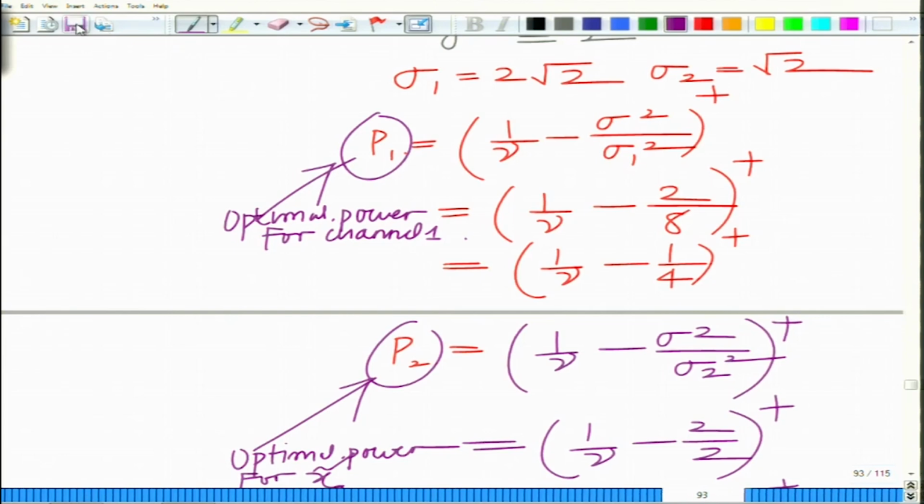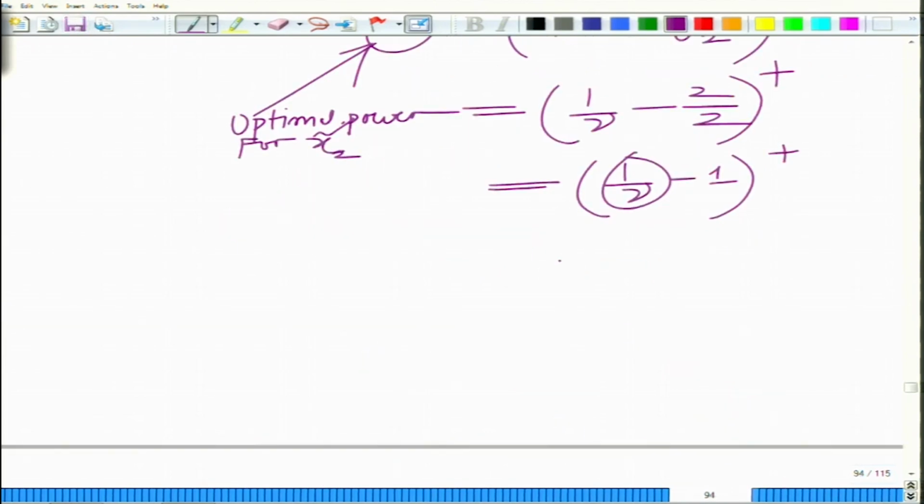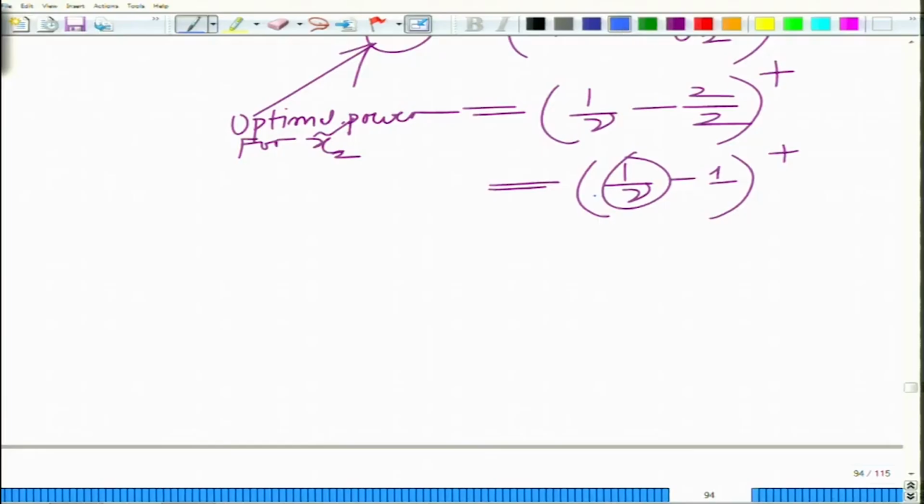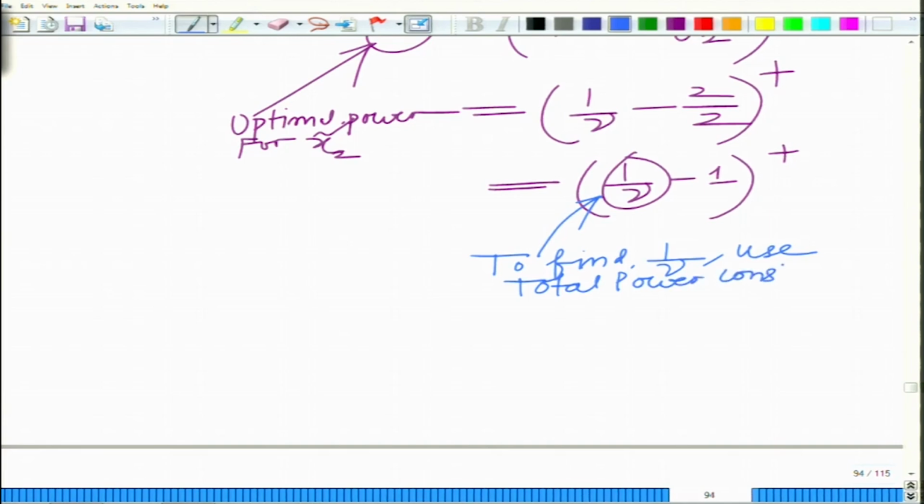And now how to find nu? To find nu, the Lagrange multiplier, remember we have to use the total power constraint.